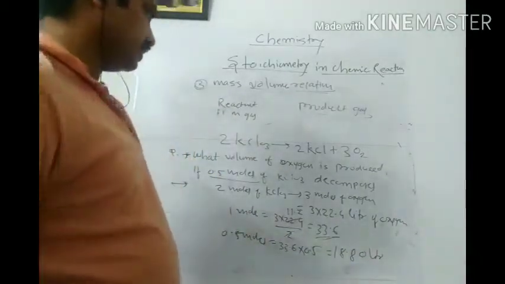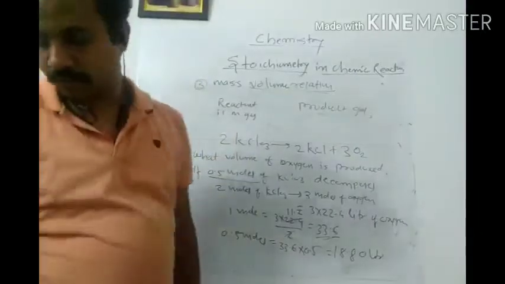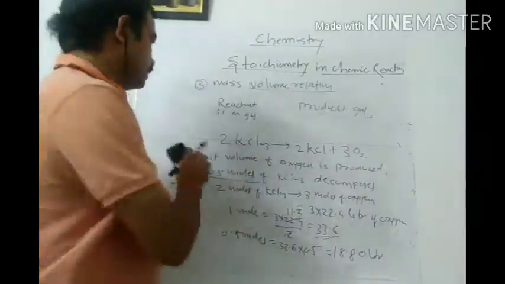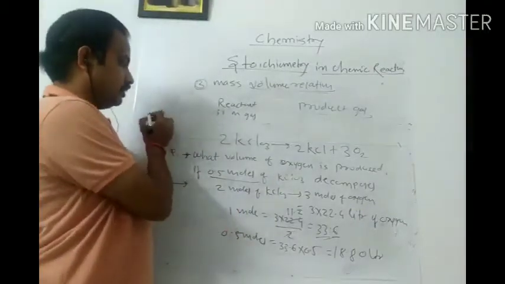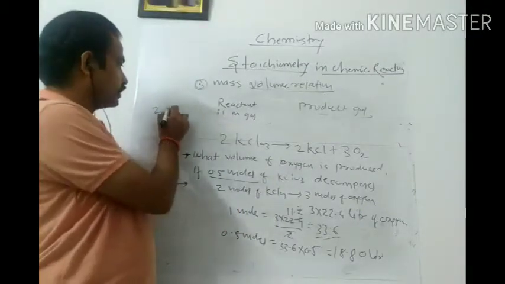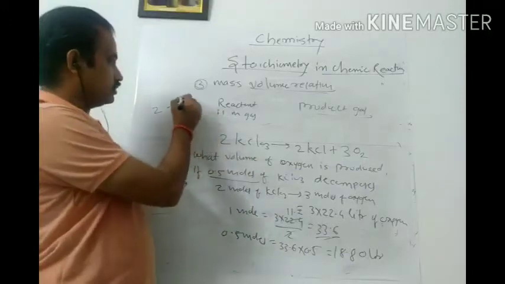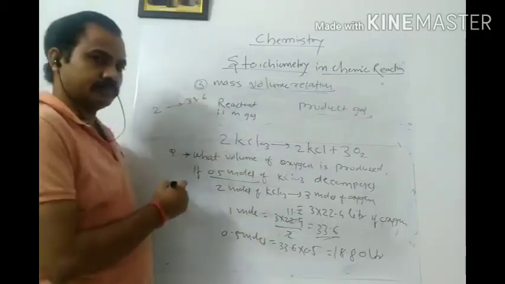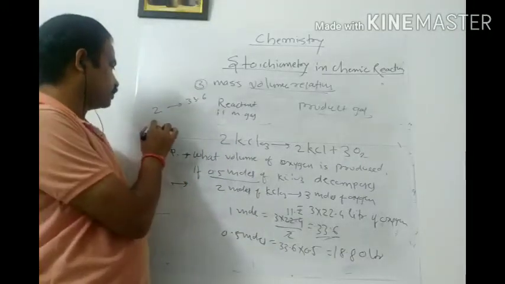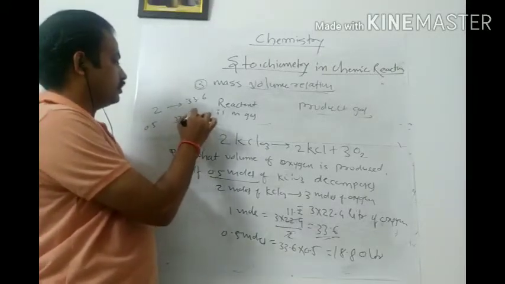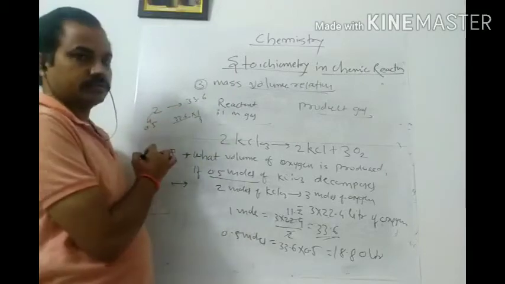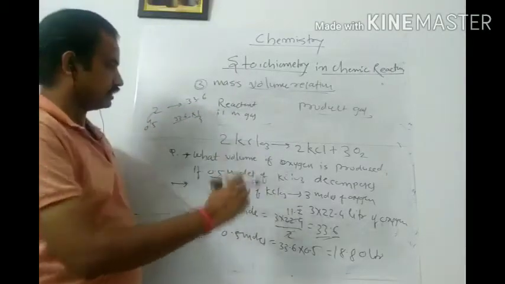Or simply, you will easily understand this concept with the help of a simple relationship: if 2 KClO3 gives me 33.6, then 0.5 gives me 33.6 divided by 2, because this is 1/2. If we calculate it, you will get the same answer.